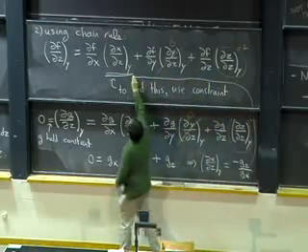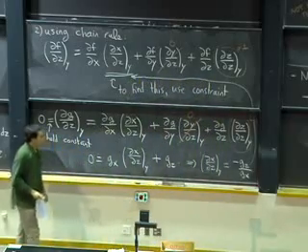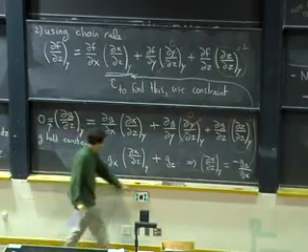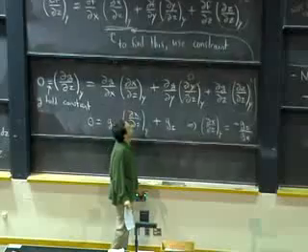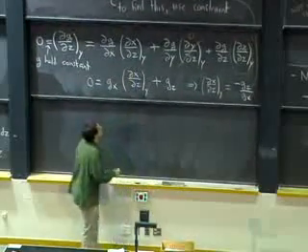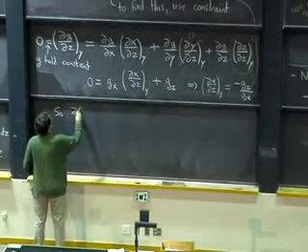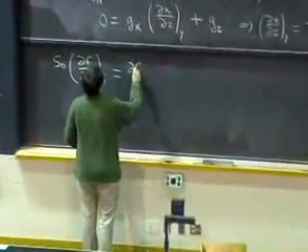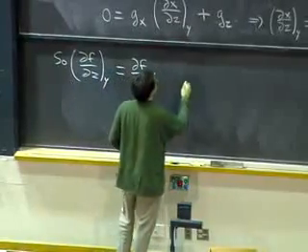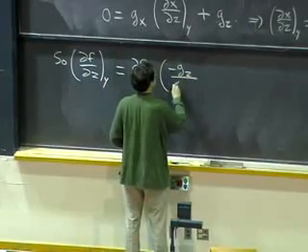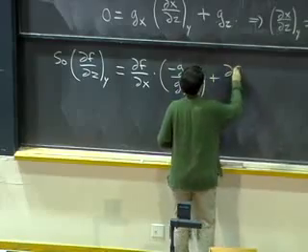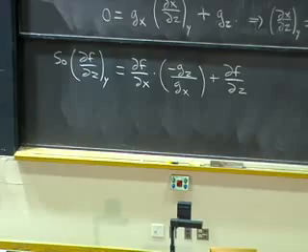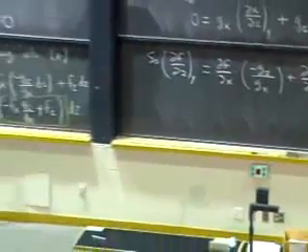I guess it goes all the way up here. Okay. And then we get the answer. I'm not going to, well, I guess I can write it again. So there was partial f, partial x times this guy, minus g sub z over g sub x, plus partial f over partial z. And you can observe that this is exactly the same formula that we had over here.